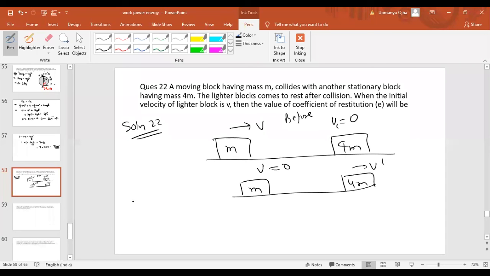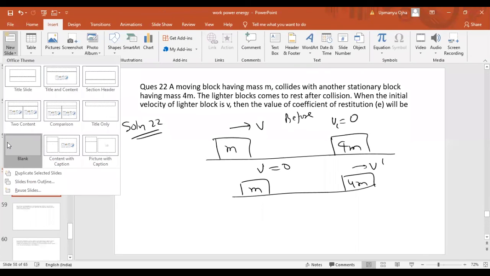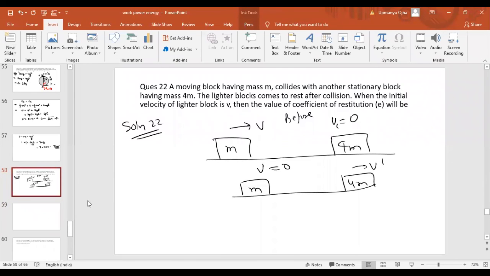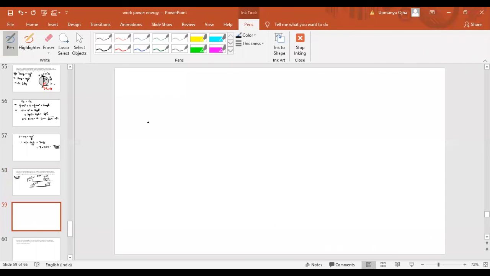Then we know that during collision, the linear momentum is conserved. So if we conserve the linear momentum, the initial momentum was mv plus 0, because the heavier mass velocity was 0.